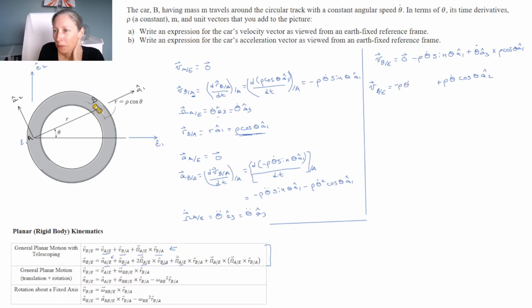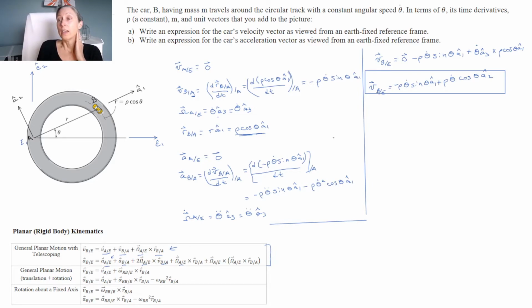Directions are important, don't forget them. Sine theta A1. And that is the correct answer for the first part. Yeah?